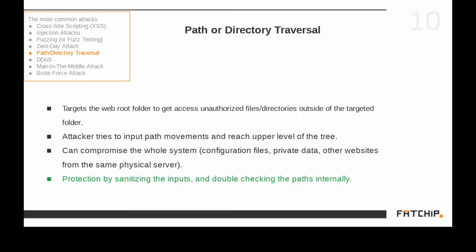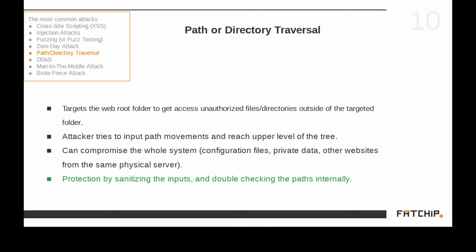There is a very simple example. If in the URL there is the name of a file, and there is no protection, basically nothing prevents the attacker from putting some double dot slash in front of the name of the file and changing the name, of course, and reaching some private information like config files, password files, and so on. That would be one level above and not protected from this.